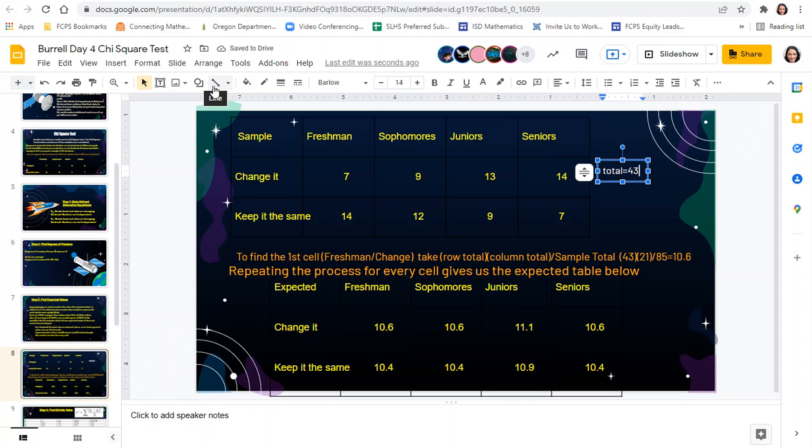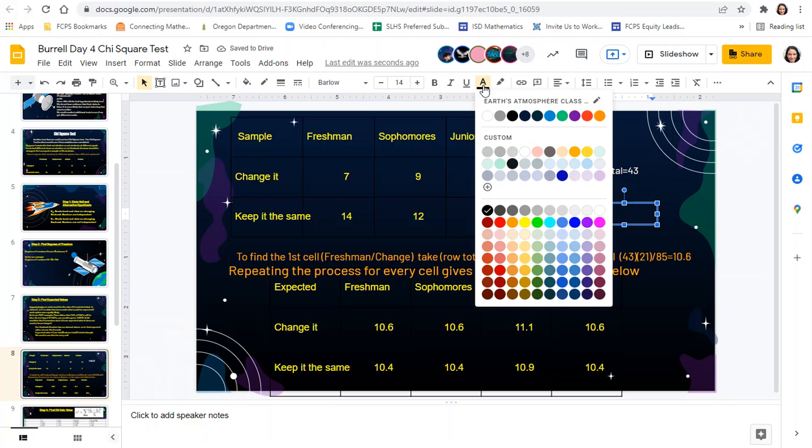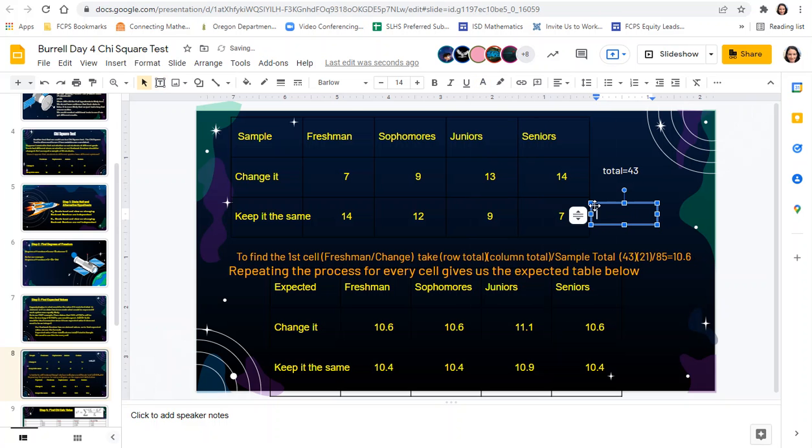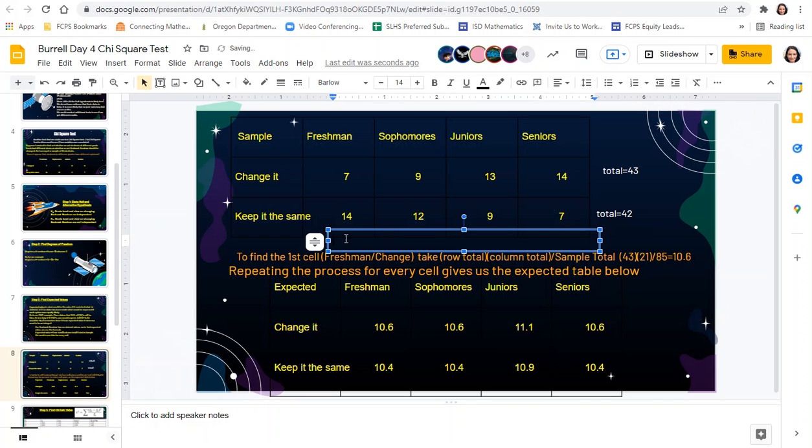And then I'm going to make a total for the next one. This row total is 42. And then I need my column totals here. Okay, so column totals, 21.